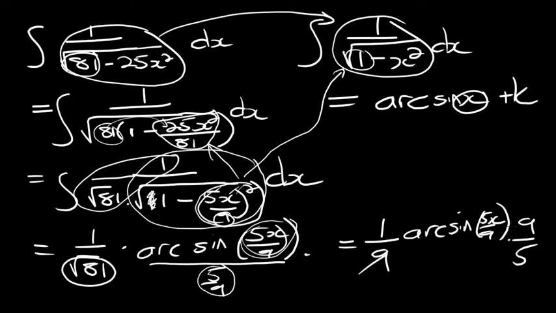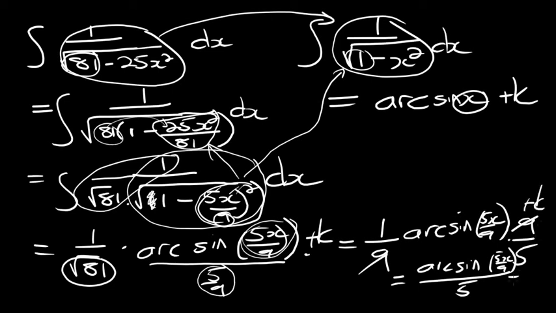That can cancel out, and then you have arc sine 5x over 9 divided by 5. And before I forget again, as soon as you have integrated, you must put k if it's an indefinite integral, so it's plus k and plus k there and a plus k there.